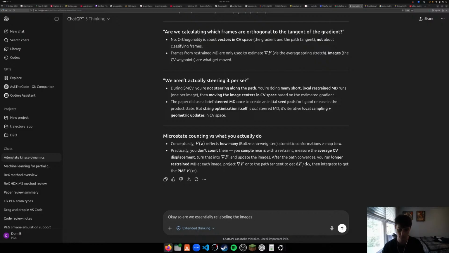We're essentially relabeling the images based on the free energy estimation. So the path will be a list of distances that increase or decrease over time to get to the end.